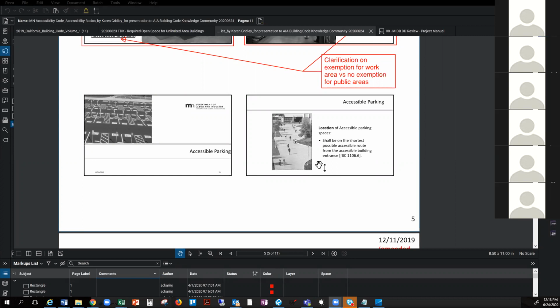As long as you've got it documented and you can say we both agree that this is the route we're going to take based on how the code is being interpreted in this case, then you document it, and you should then at least have a good path to making this requirement work in the construction documents and beyond.